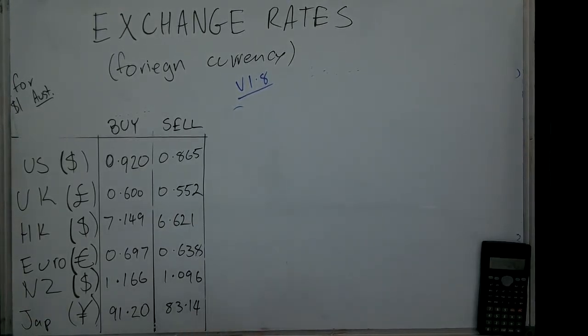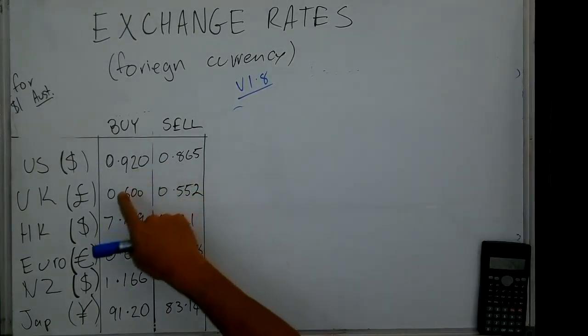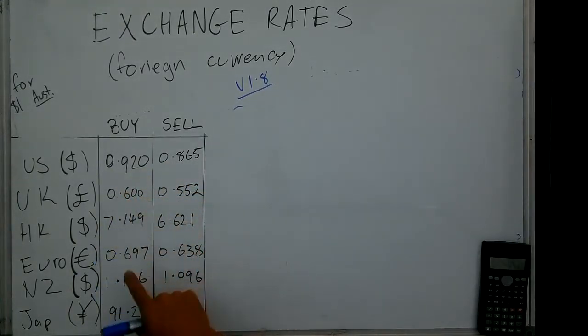So this is using the middle rate, which is going to be the average of the buy and sell rate. So whatever currency we're using, we're going to have to work that out first. And then we use the one rate for converting in both directions. Okay, so use the previous table to find the middle rate for converting into Japanese yen.